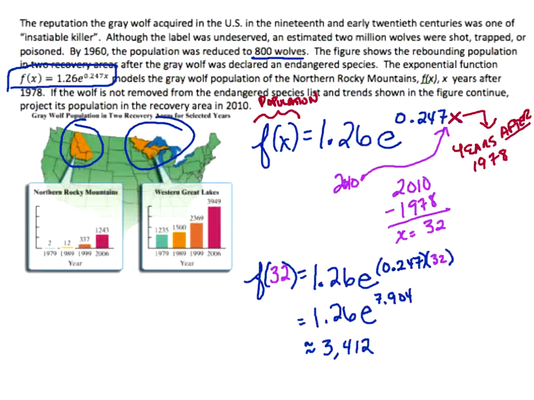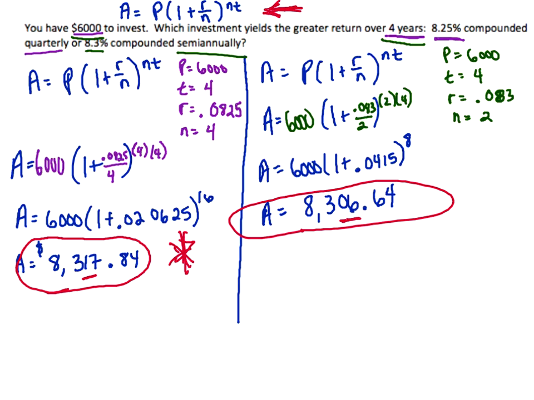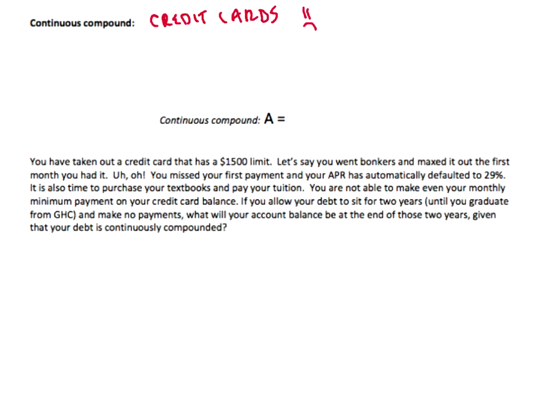Well, n in your compounding interest formula is standing for how many times it's compounded per year. Well, if we flash forward to continuously compounding, that n is moving to infinity.